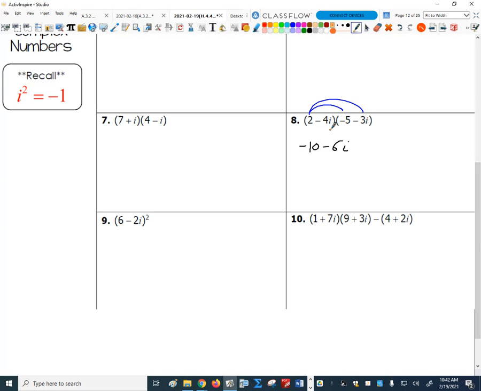Let's distribute the negative 4i, right? And I'm going to get negative 4i times negative 5 is plus 20i. And then negative 4i times negative 3i would be positive 12i squared.